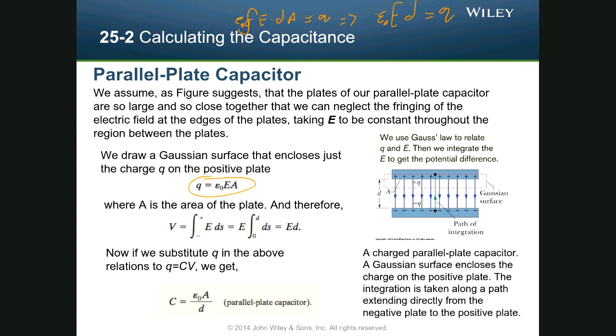All right, where we get the electric field, and then we can look at the voltage, which has the same integral, this plus or minus E dot ds, and that will also be equal to Ed.